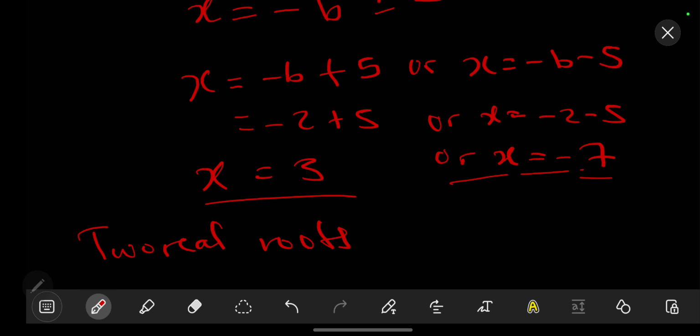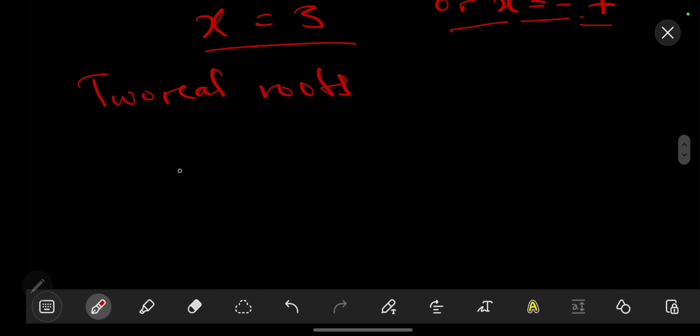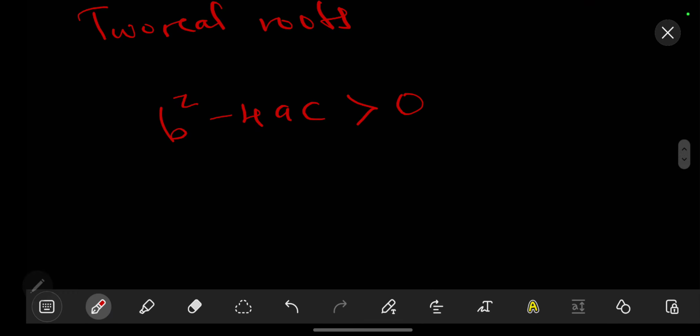Now, how is this brought about? As long as the discriminant, b squared minus 4ac, is greater than 0, whatever is in the square root, if it is greater than 0, you will always have 2 values. Let's say, for example, you have negative b plus or minus, let's ignore the over 2a, the square root of any value that is greater than 0, such as even 1.